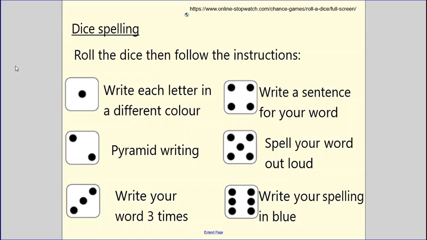If you do roll a number 3, write your word 3 times. So each of the words on your spelling list you'll need to write out 3 times. If we roll a 4, write a sentence for your word. If we roll a 5, you need to spell your word out loud. And if we roll a 6, it says write your spelling in blue, but you can use whatever colours you've got at home. Right, shall we roll the dice then and see what we get?